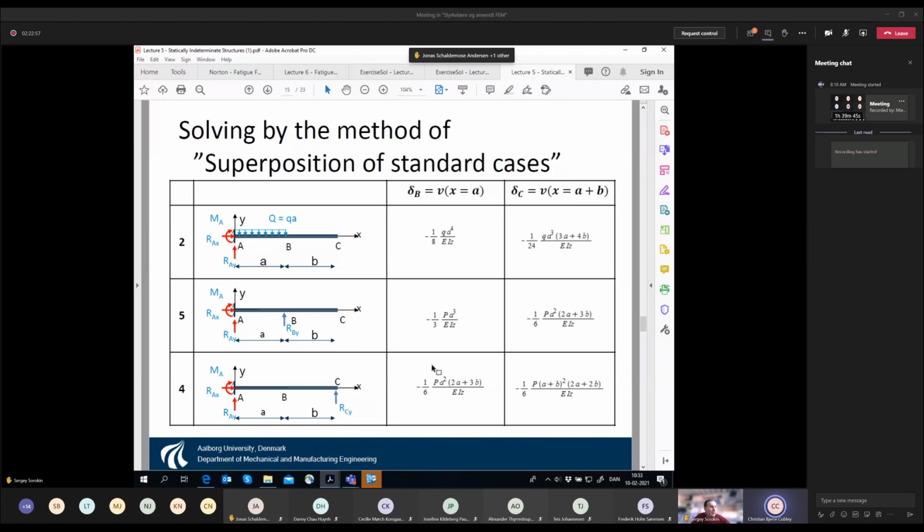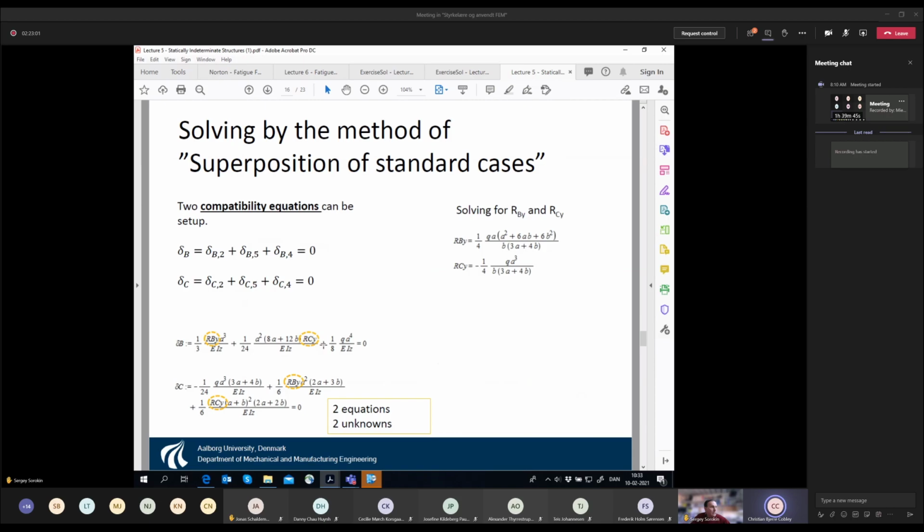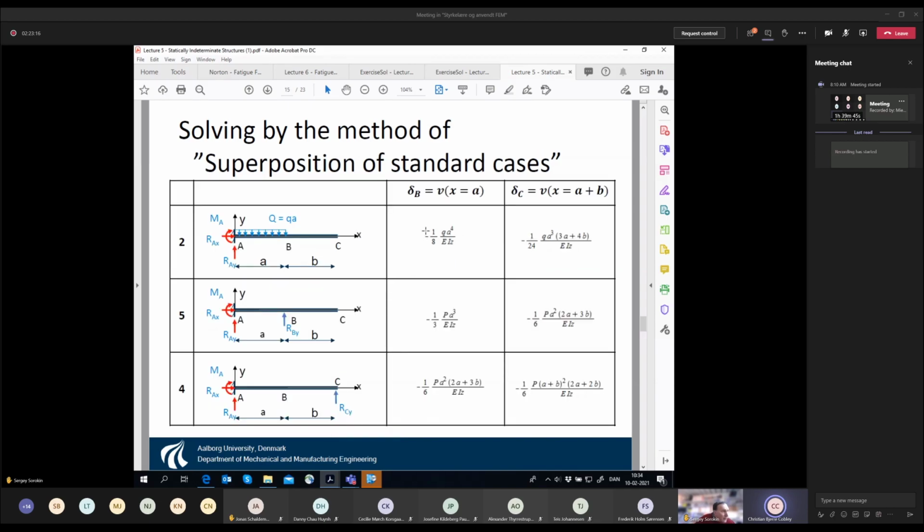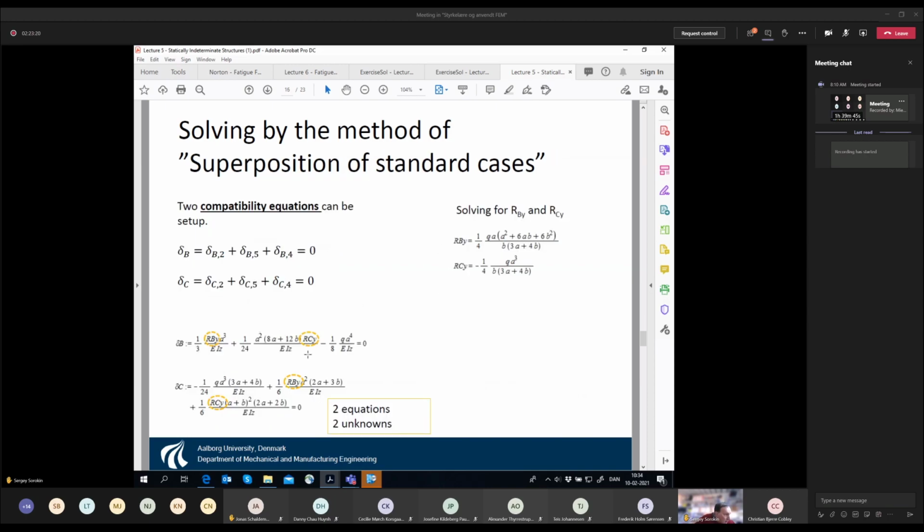If we could just go through it together on the slide below, because I'm a bit confused. It looks to me as if there's been a mistake, that you've taken one of the values for delta C and put it in the formula for delta B. Oh, let me see. Just 1 second. For point B, we have this one and this one.